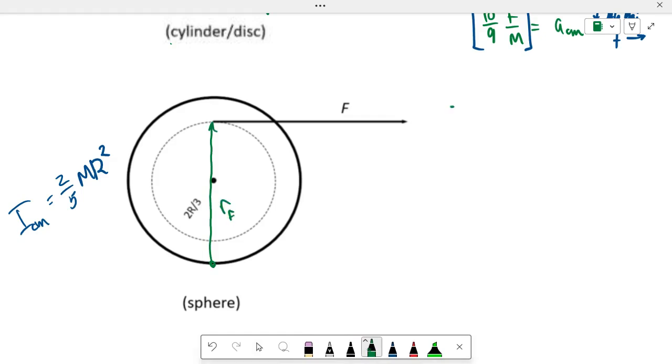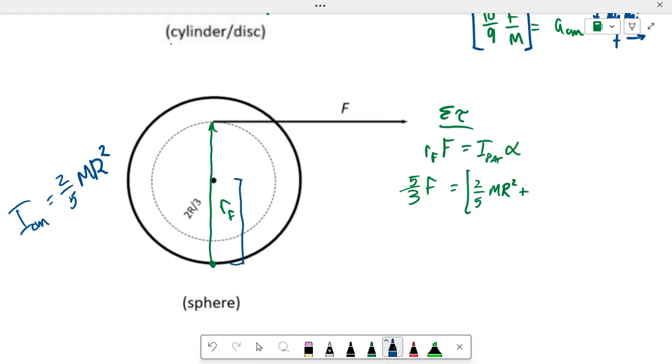There's R to F. Net torque says R to F times F is I about the point times alpha. This is 5/3 RF. I about the point is going to be ICM, 2/5 mr squared, plus, again, the distance from here to the center of mass is h, so that's another mr squared.